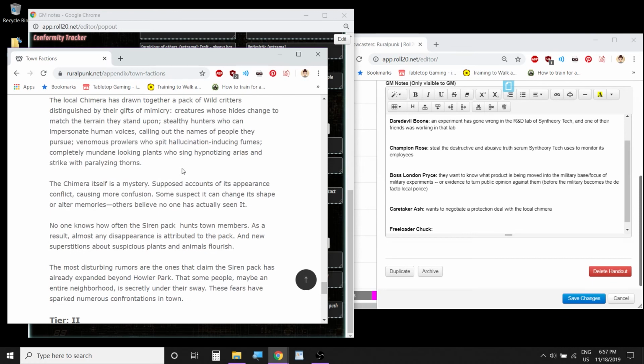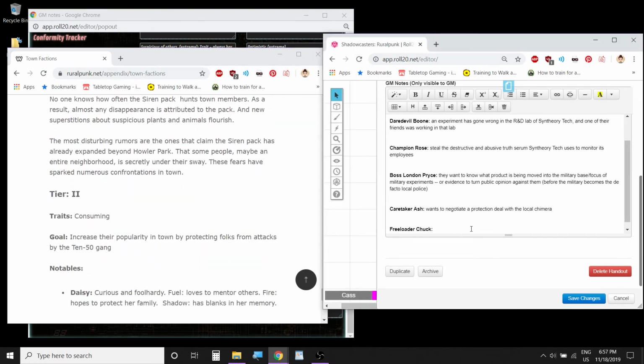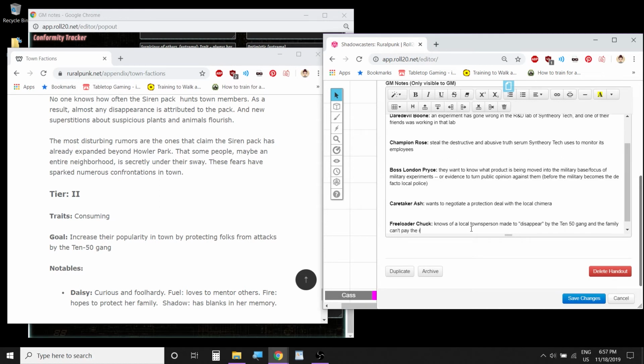So I think Freeloader Chuck knows of a local townsperson made to disappear by the 1050 gang, and the family can't pay the ransom.